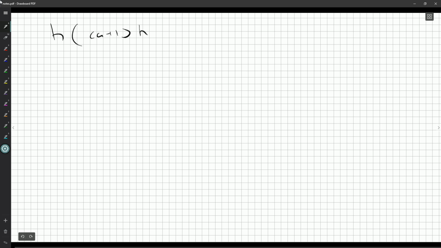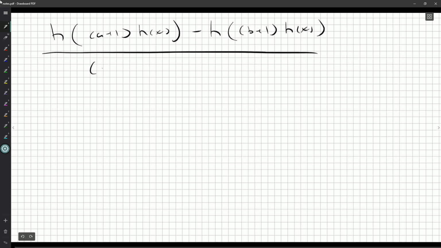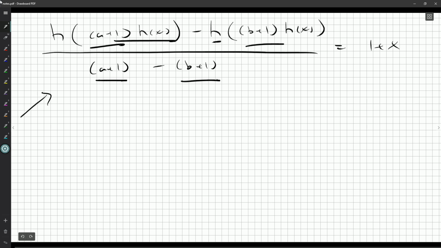So if I do something like this, divide by the a plus 1 minus b plus 1, you're left with 1 plus x over here, a nice constant. And this looks fairly similar to slope calculations, except a plus 1, b plus 1 are not my inputs here. My input into the function h is a plus 1 h of x.